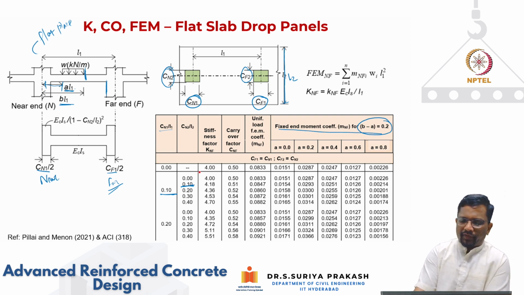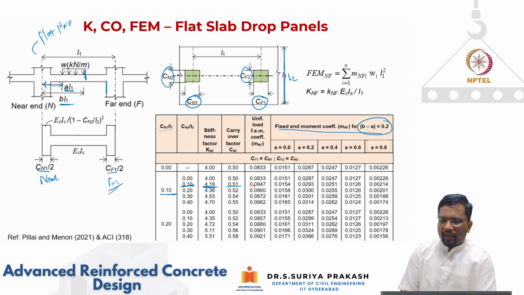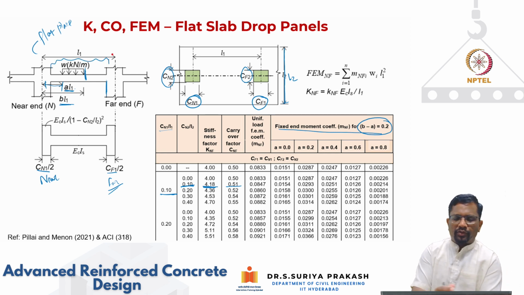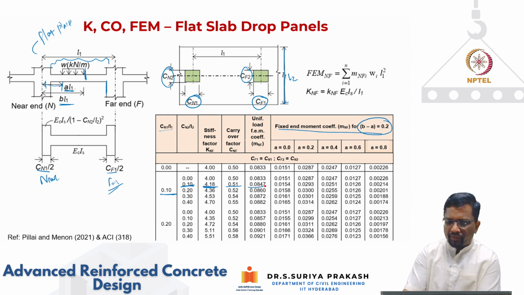Now, you see here, when these two values are fixed for this kind of a flat plate system, I am having a stiffness factor of 4.18, and the carryover factor has slightly increased from 0.5 to 0.51, and the uniform fixed end moment coefficient, let's say if it is uniformly loaded, that means everywhere you have the same load, there is no B and A. In this case your fixed end moment coefficient is 0.0847.